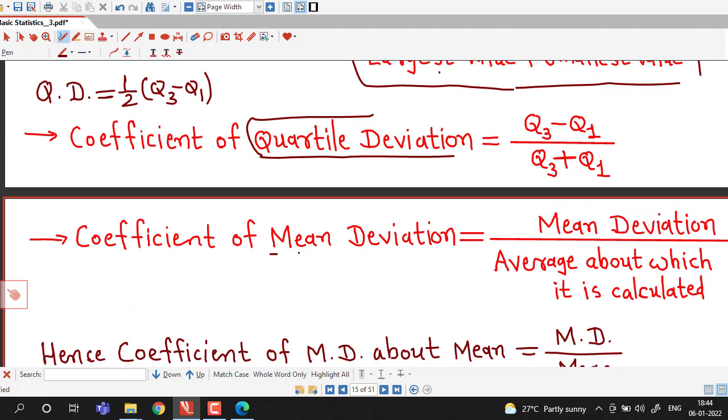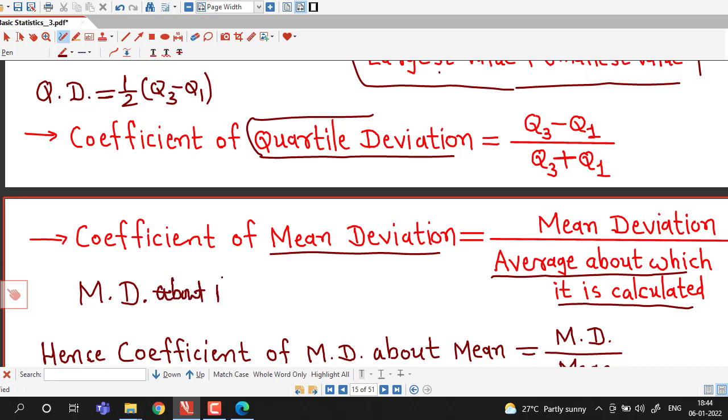Similarly, coefficient of mean deviation is defined as mean deviation divided by average about which it is calculated. If we recall the definition of mean deviation, it was defined as mean deviation about average.